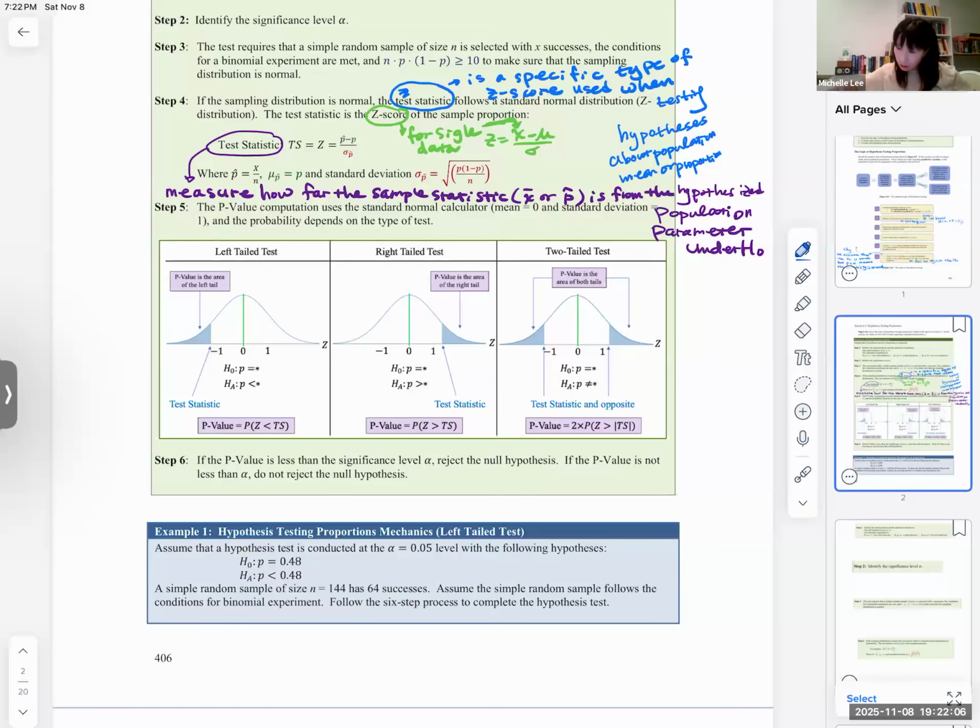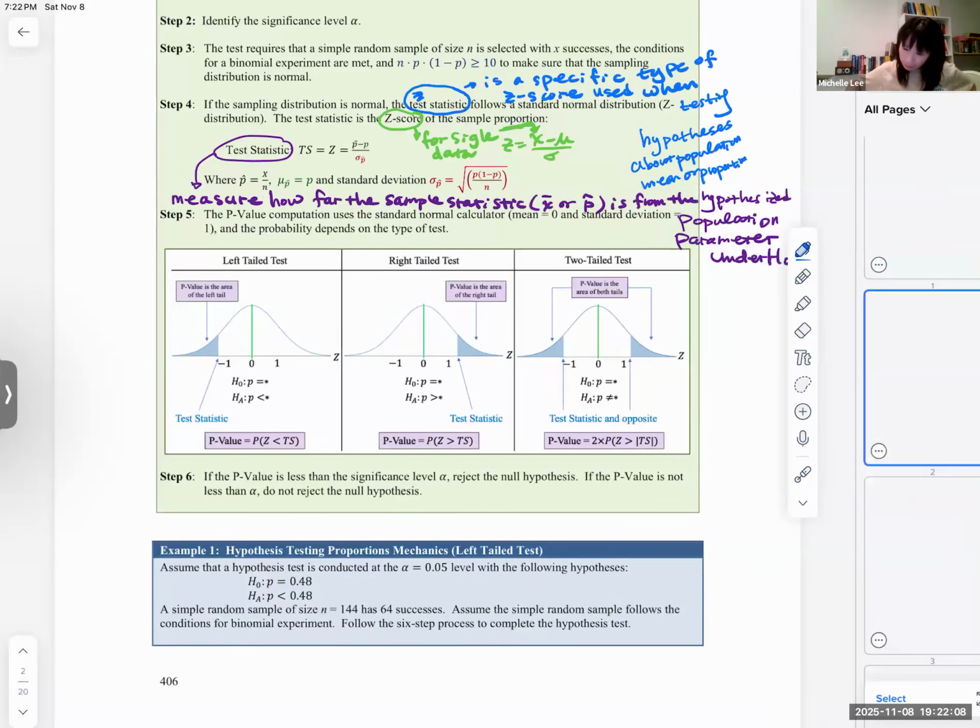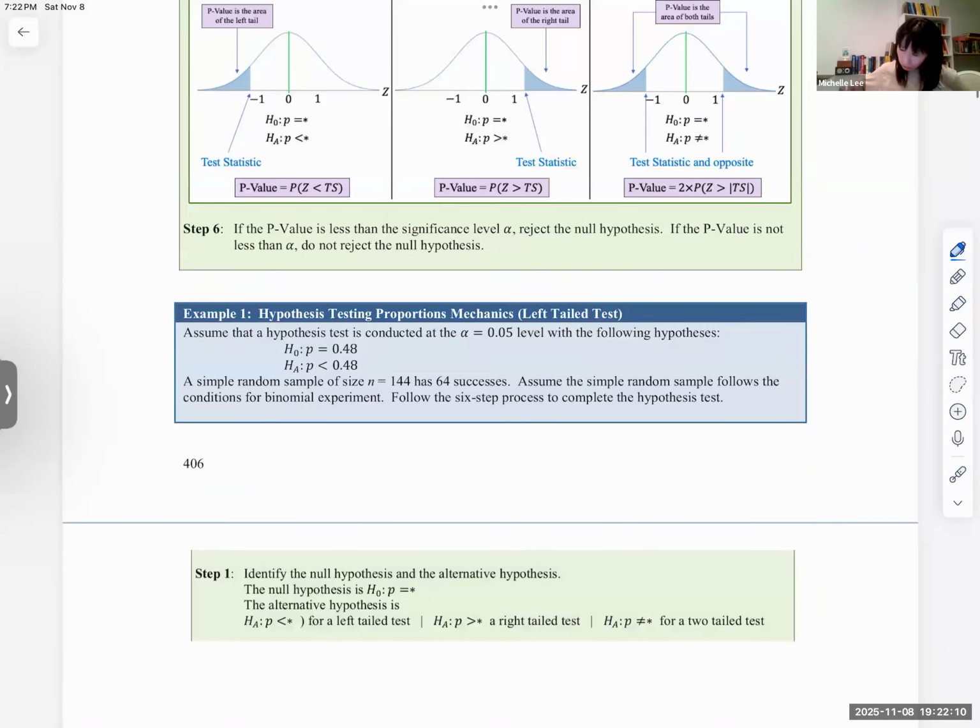Okay, let's do this example. The null hypothesis is population proportion equal to 0.48, and the alternative hypothesis is P less than 0.48.